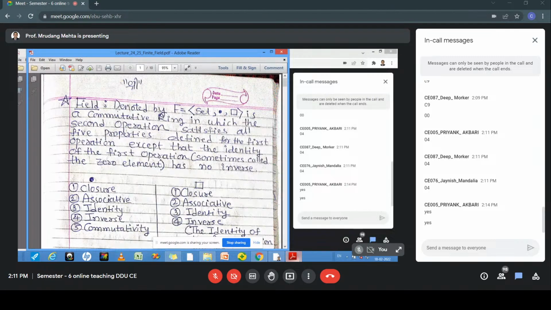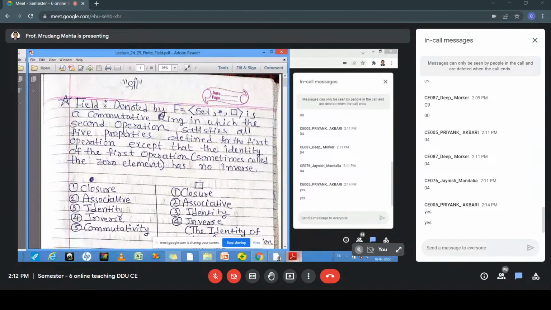So now I'm discussing the formal definition of field. It is denoted by F equal to a set. We have to take a set, like in group and abelian group, but there was only one operator, whereas here there are 2 operators. So a set with 2 operators, one with a dot, another as a square.